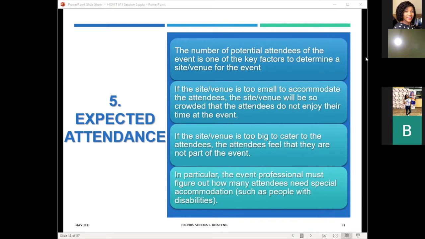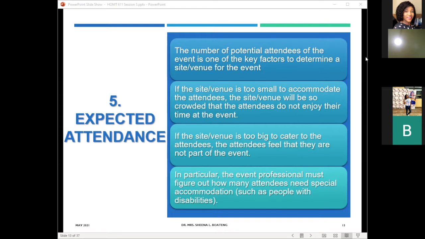Sometimes you go to events and you see that they're having it in this big banquet hall, but the people are only occupying some small corner of the room. Spacious. That one too is not good, because it makes the place hollow. Okay. And it's very difficult to create a good ambience in such a location because the place is so big and you have just few people.